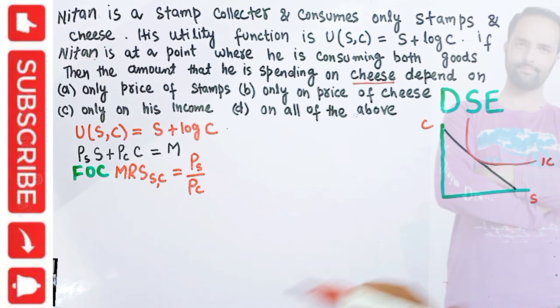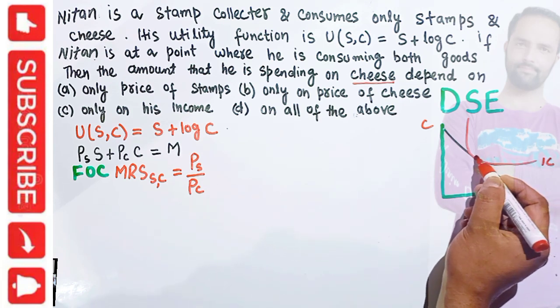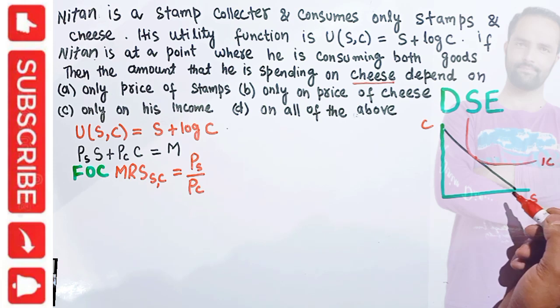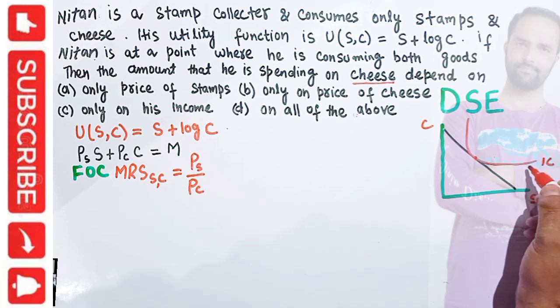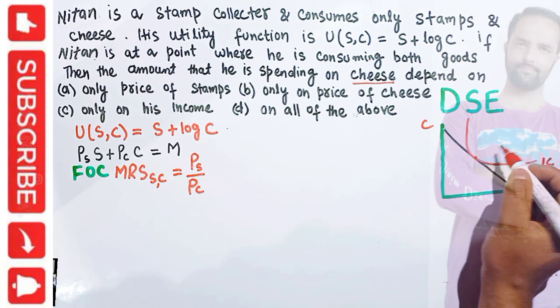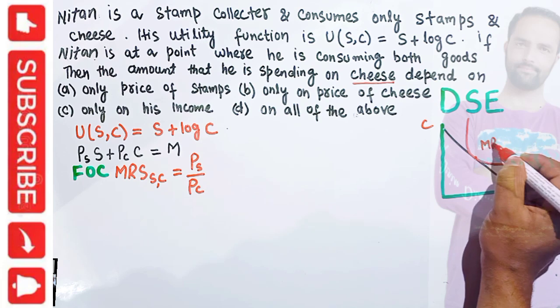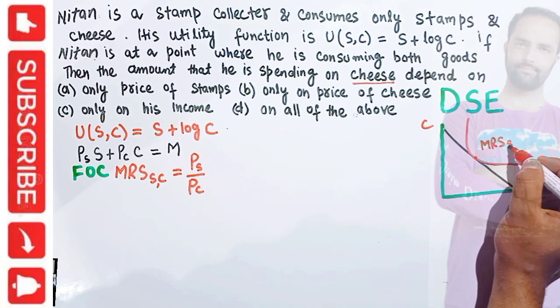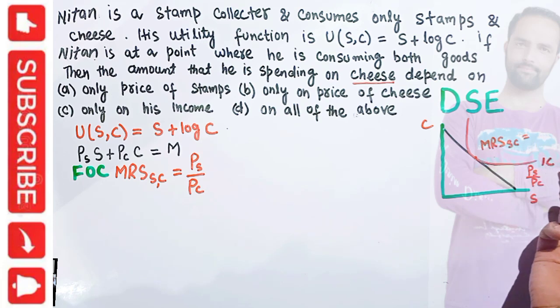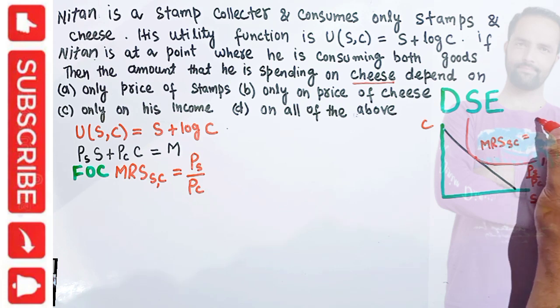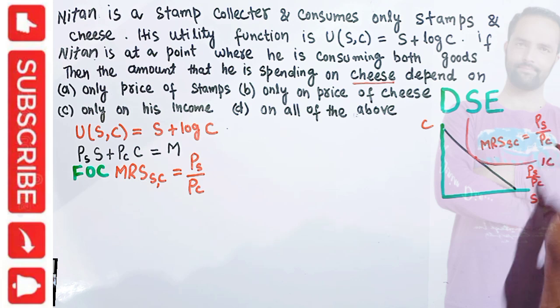Okay, so optimality requires that the slope of the budget line, which is actually ps upon pc, that means the marginal rate of substitution between stamps and cheese, should be equal to the ratio of the prices, that is price of stamp upon price of cheese.